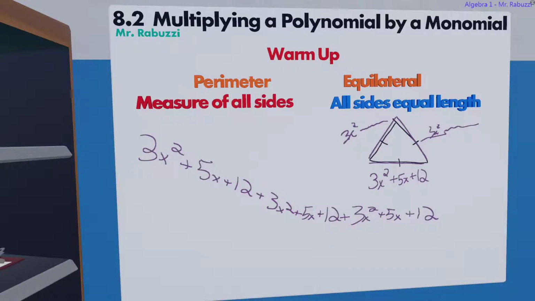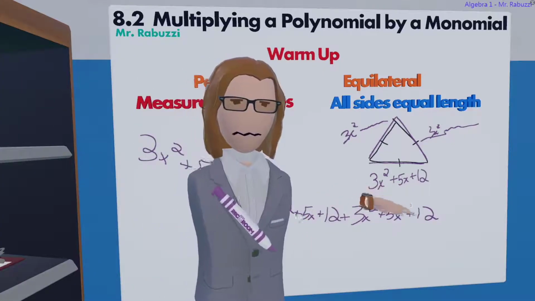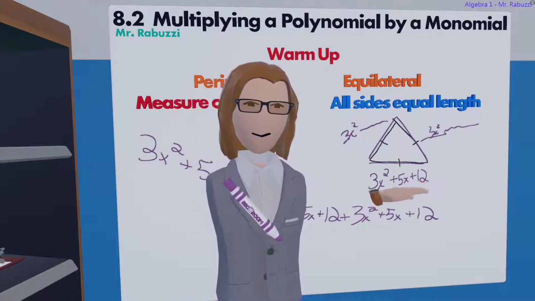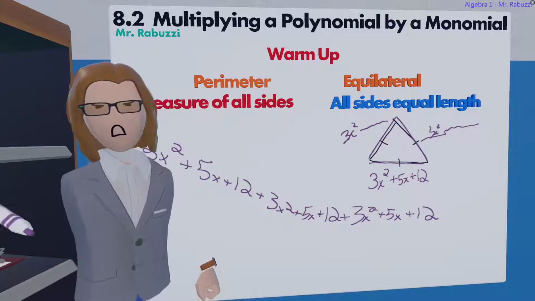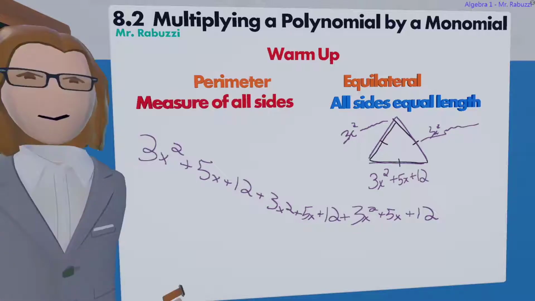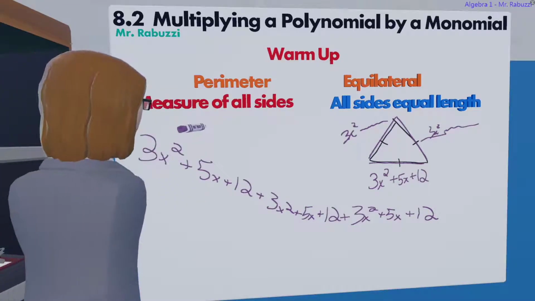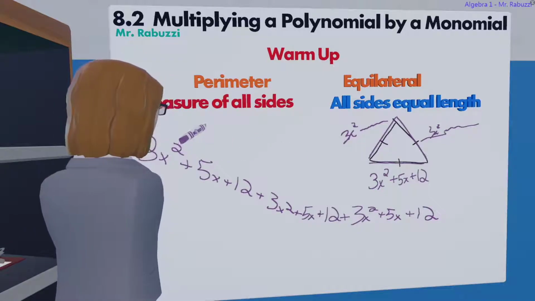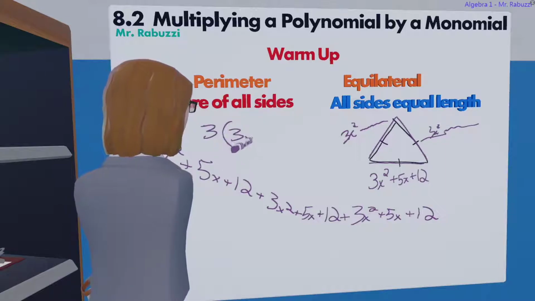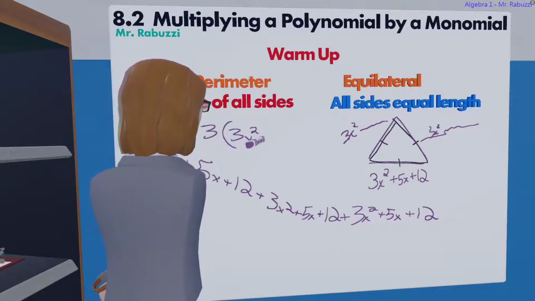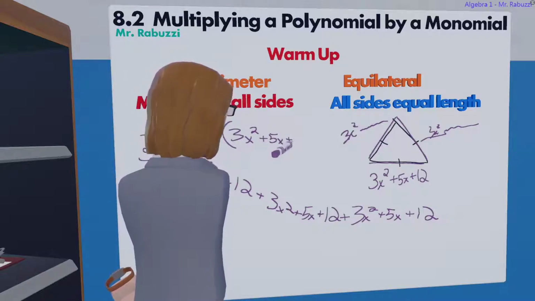So that's all three sides added together. And that will give you the perimeter. Okay? It's the same as saying that we have 3 of this side, because they're all the same size. So you could also write, if you want to distribute instead, 3 times 3x squared plus 5x plus 12.